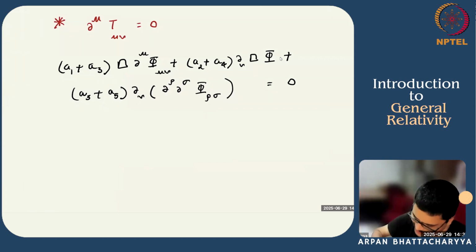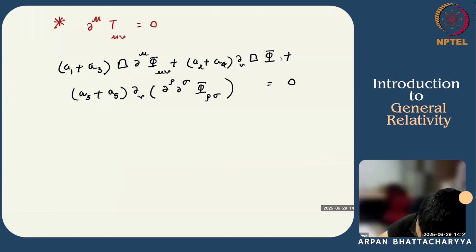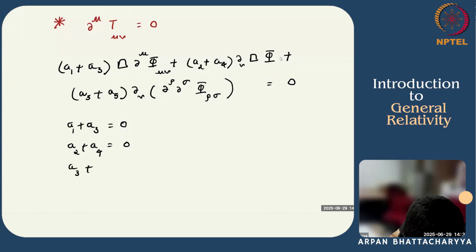So if the total thing has to be 0, then the coefficient of each of them has to be separately set to 0. This gives A1 plus A3 equal to 0, A2 plus A4 equal to 0, and A3 plus A5 equal to 0.